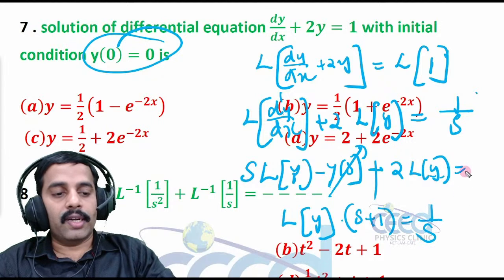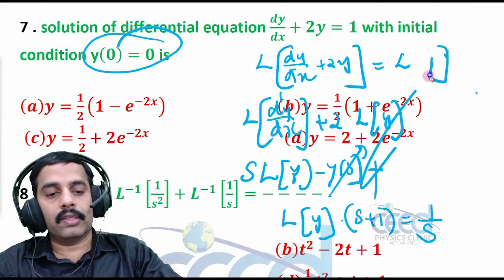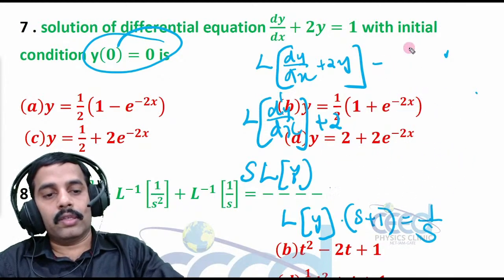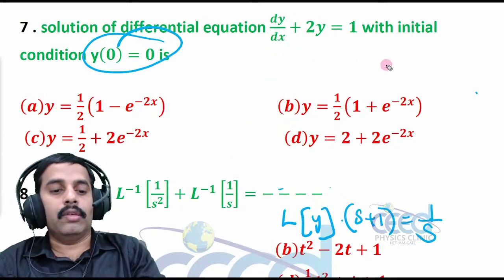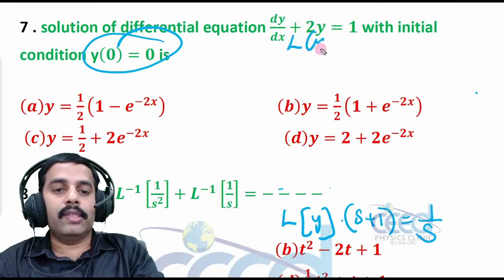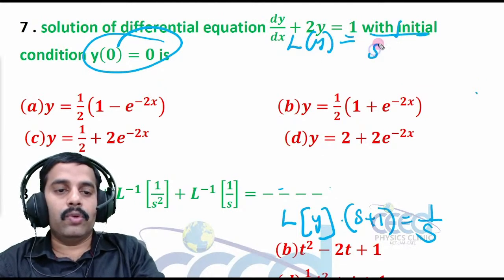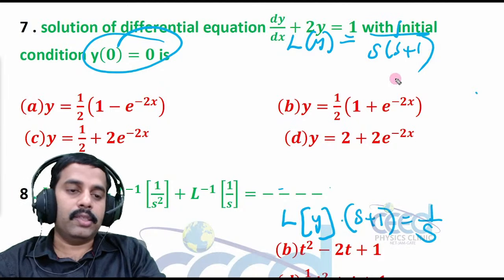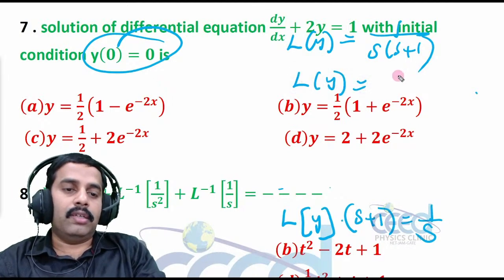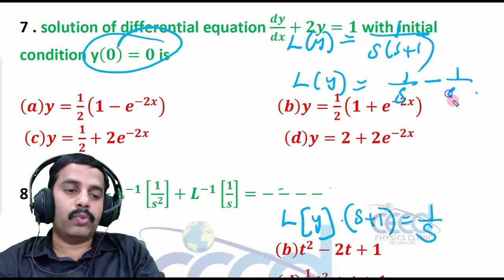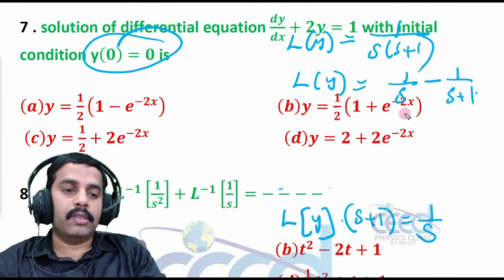So Laplace of y is equal to 1 by s into s plus 1, right? So this I can simply write as 1 by s minus 1 by s plus 1, right? S plus 1 minus s, right?